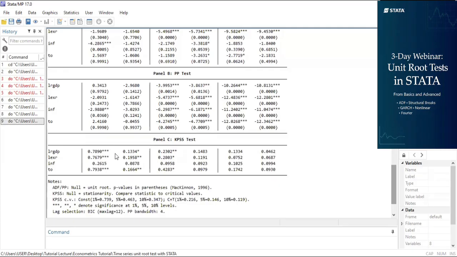You can see the null hypothesis of KPSS is different from that of PP and ADF. Rejecting the null hypothesis, that is, the test being significant for KPSS, means that the series is not stationary, because the null hypothesis for KPSS is that there is stationarity. Hope that is clear.